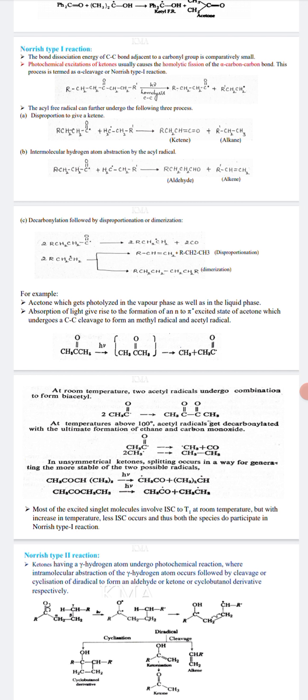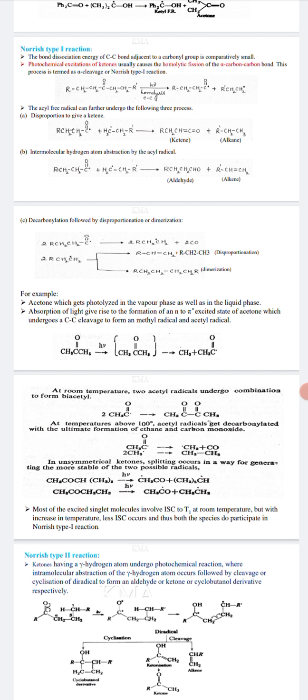One is acyl radical, another one is alkyl radical. The first product is acyl, where we have carbonyl radical, and the second one is an alkyl free radical.